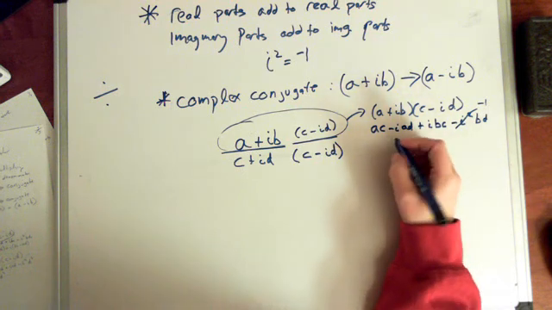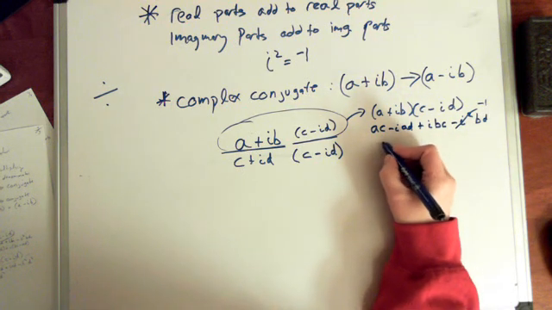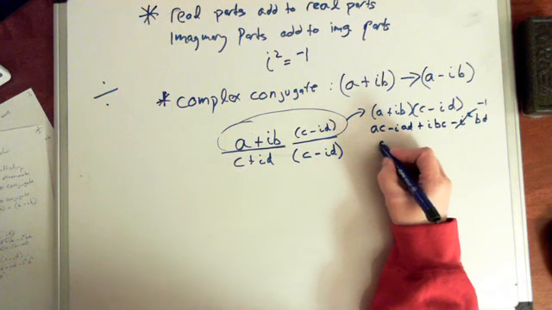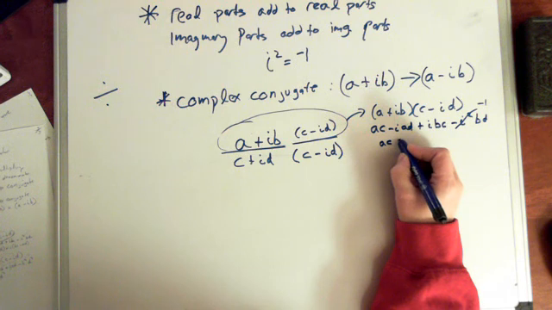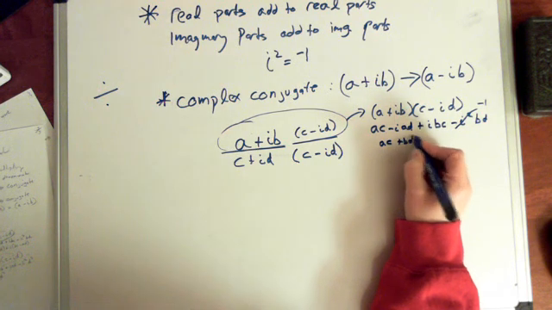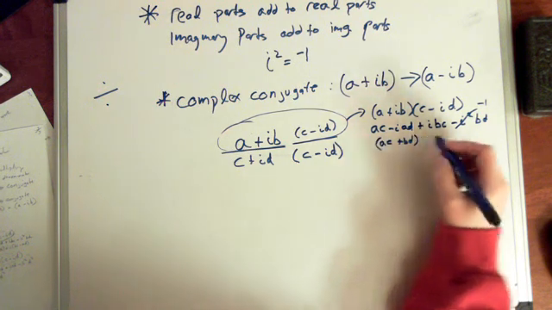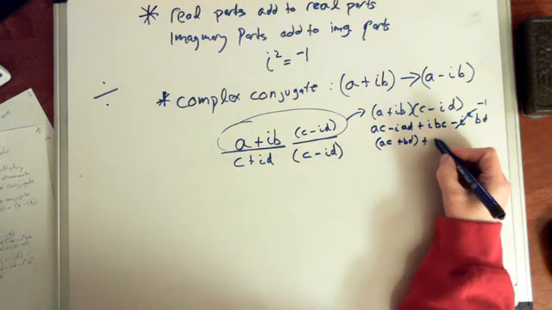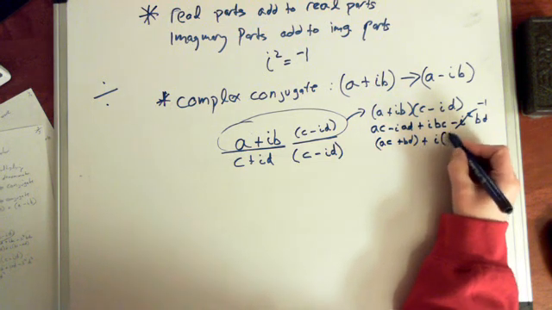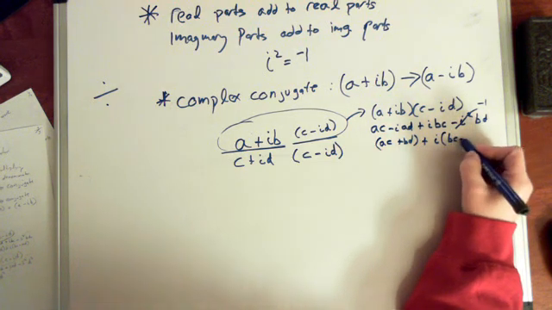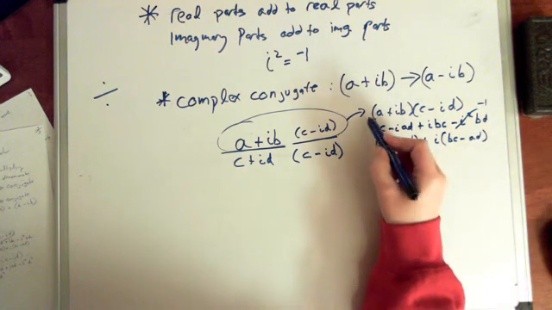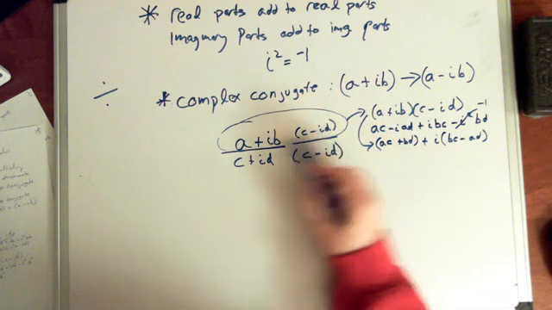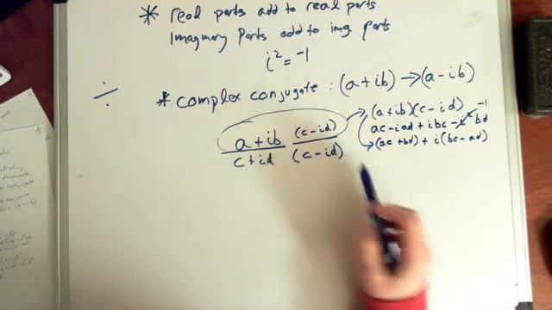I can rearrange this, adding my reals together and my imaginaries together. I get ac plus bd plus i times bc minus ad. That's equivalent to the numerator here.